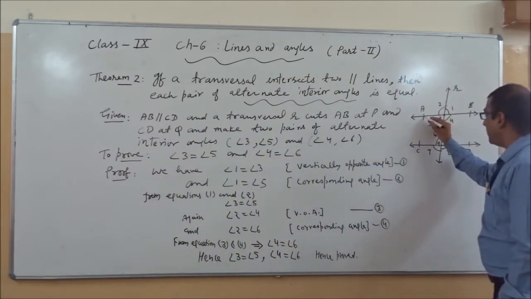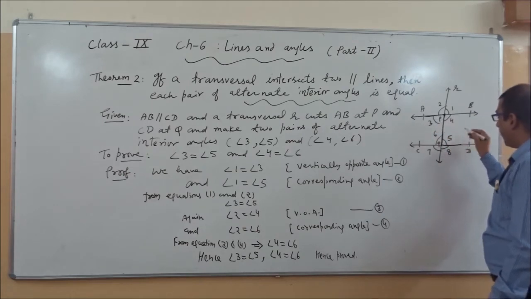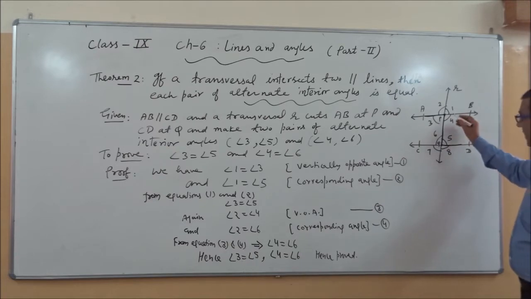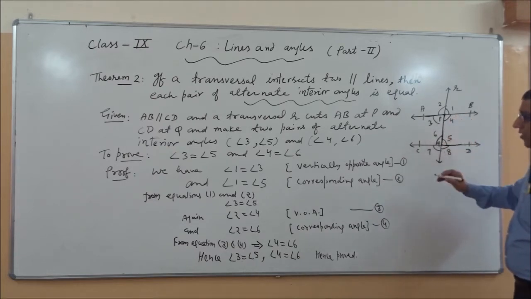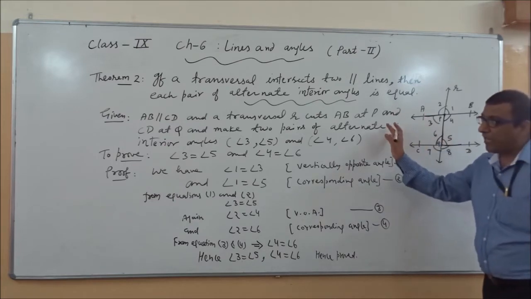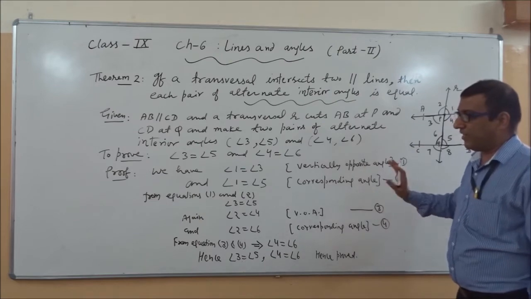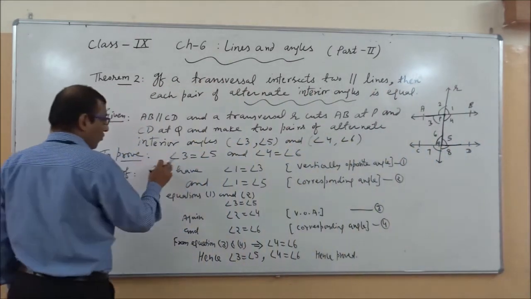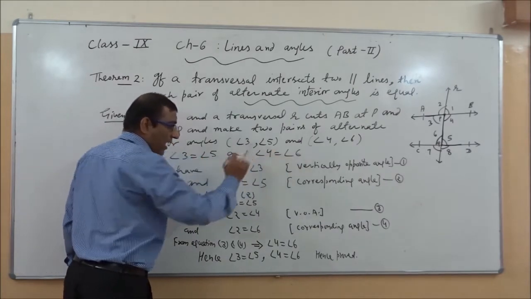As you see in this diagram, this is the shape of Z. So we can say angle 3 is equal to angle 5 and angle 4 is equal to angle 6. For more detail, how can we give the proof of this? First we will write what we have to prove: angle 3 equals angle 5 and angle 4 equals angle 6.